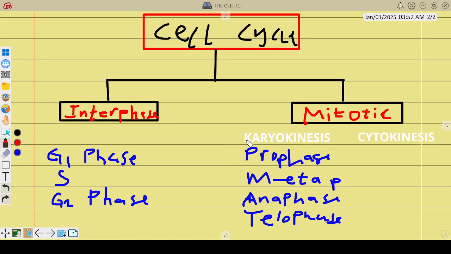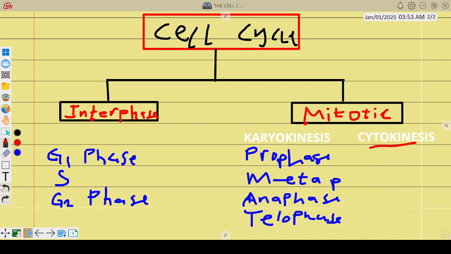The other name for karyokinesis is nuclear division, and for cytokinesis it's cytoplasmic division. Cytokinesis is where the cell will divide. For the cell to divide is the last stage, it's cytokinesis.